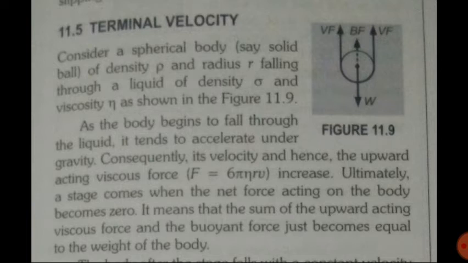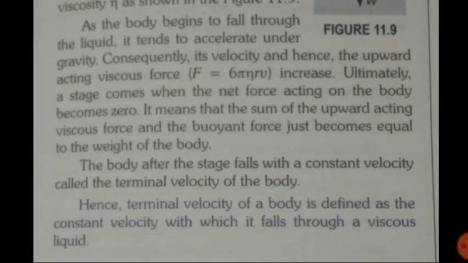Buoyant force always works in the opposite direction of the weight of the object, so it is upward. And viscous force is also a resisting force, so it is in the opposite direction of motion. The ball is coming downward, that's why the viscous force is upward. So in total three forces are there, one downward and two upward.